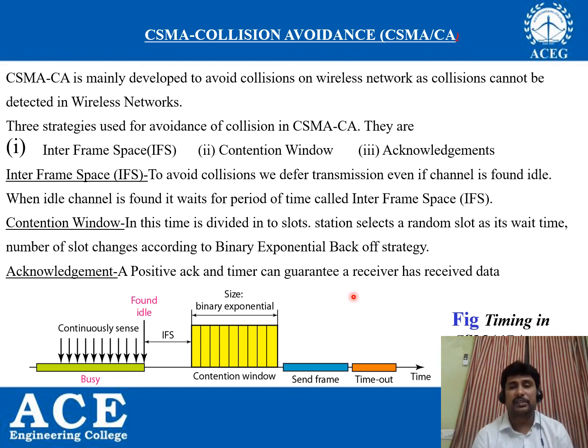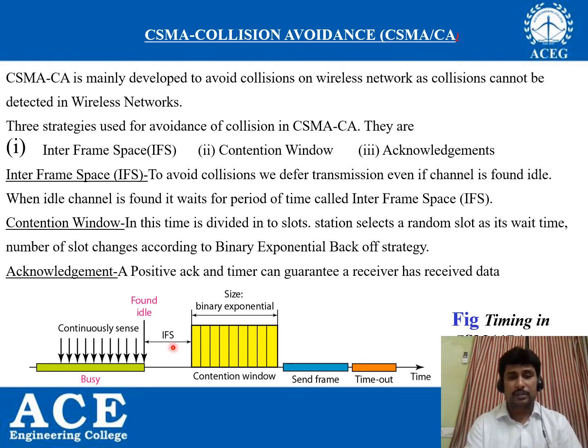So in carrier sense multiple access collision avoidance, we ensure the collisions are avoided by using three strategies, namely interframe space, then using a contention window, increasing the binary exponential backoff strategy, and then using a positive acknowledgement. So this is how we avoid the collisions in wireless networks.